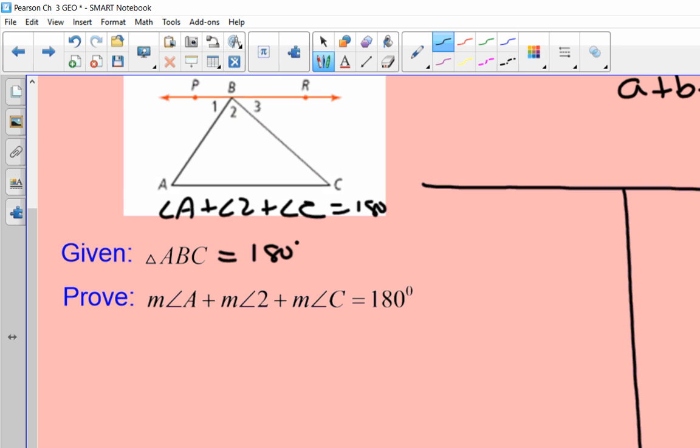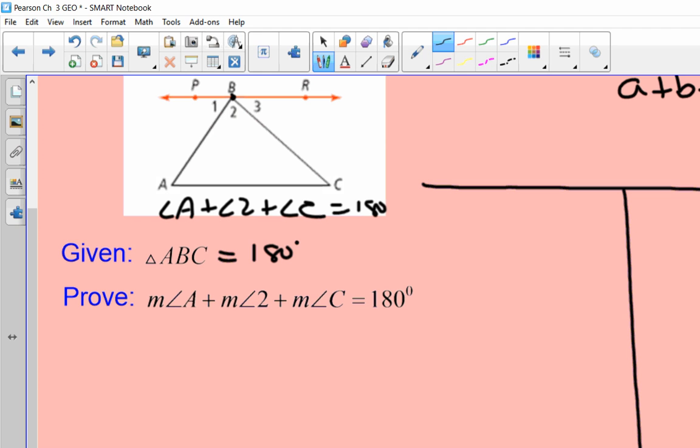One other thing, you don't know it, but we need to assume here. This is a theorem we got a couple sections ago: through any point, you can draw a line that's parallel to another line. It's not given to you.